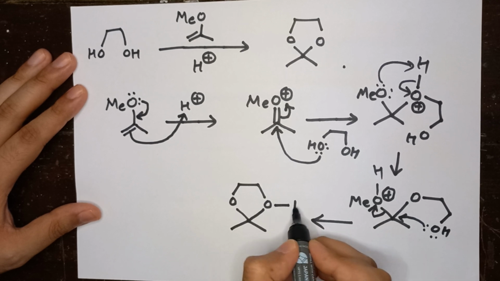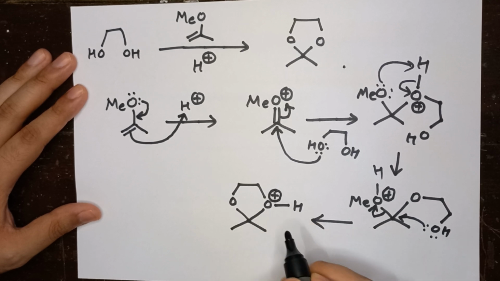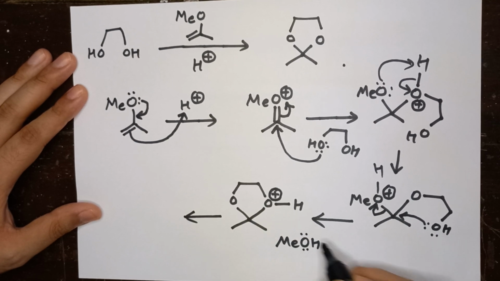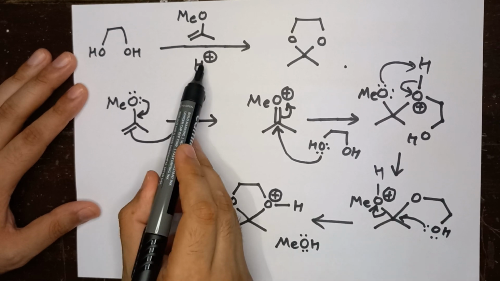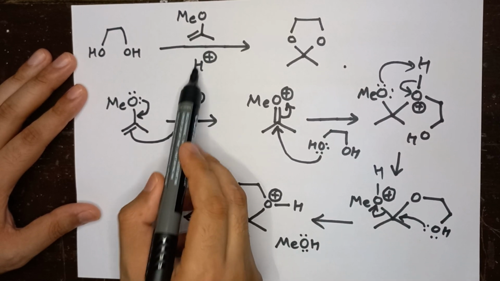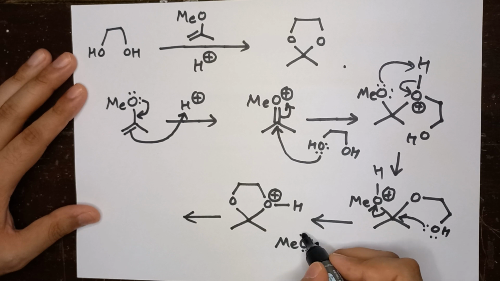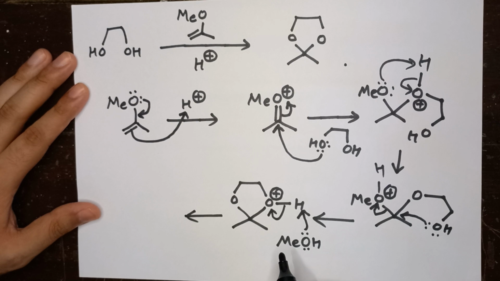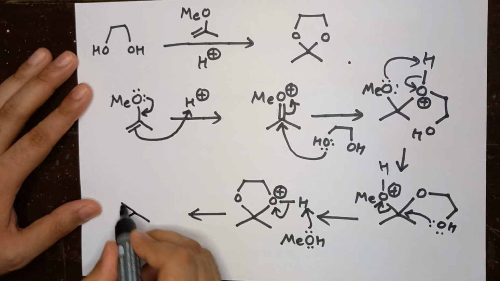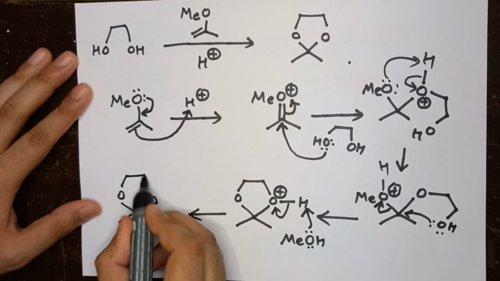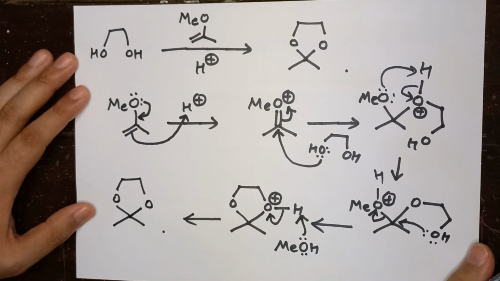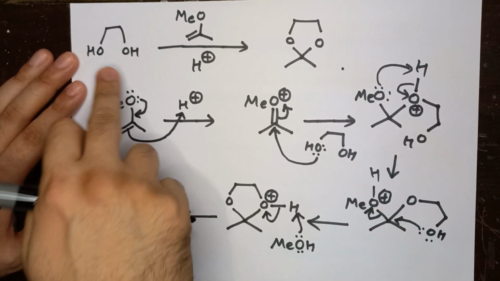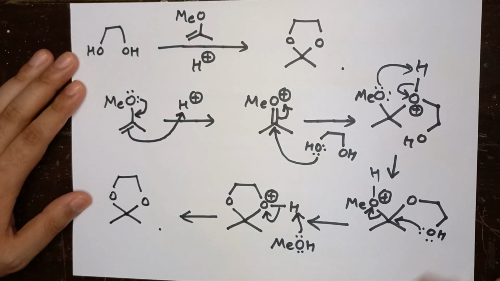This oxygen is having one hydrogen, total of 3 bonds giving positive charge. Methanol will come. You can use water also here because we are anyways using a very weak acidic media. So water will be present there. Water can also do this job to grab this proton and neutralize oxygen, which will eventually give me the final product, the protected diol. So this is the third reagent which you can use to protect your diol, and this is the mechanism for it.